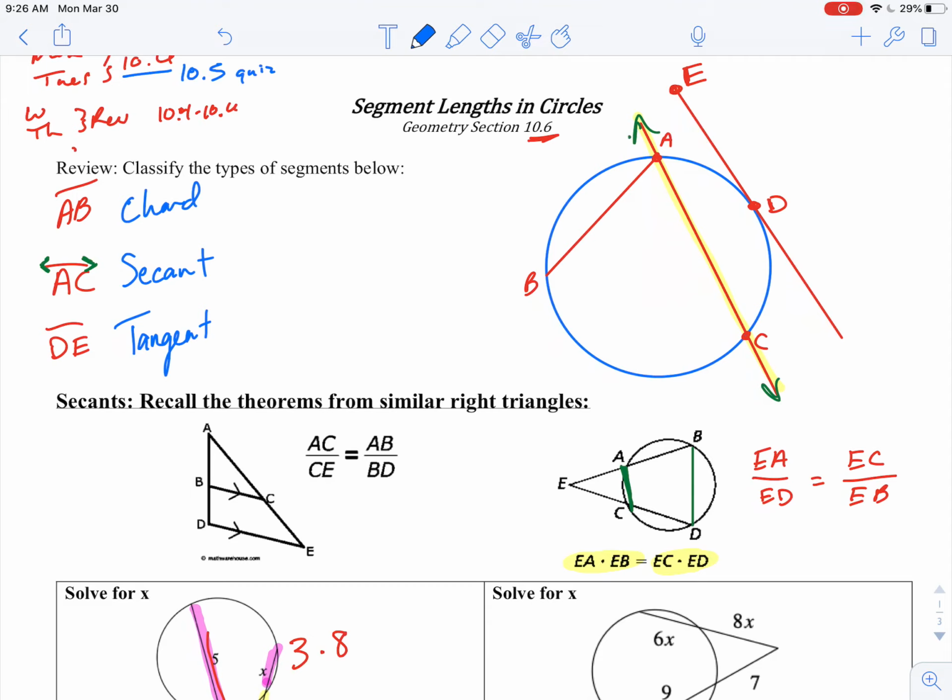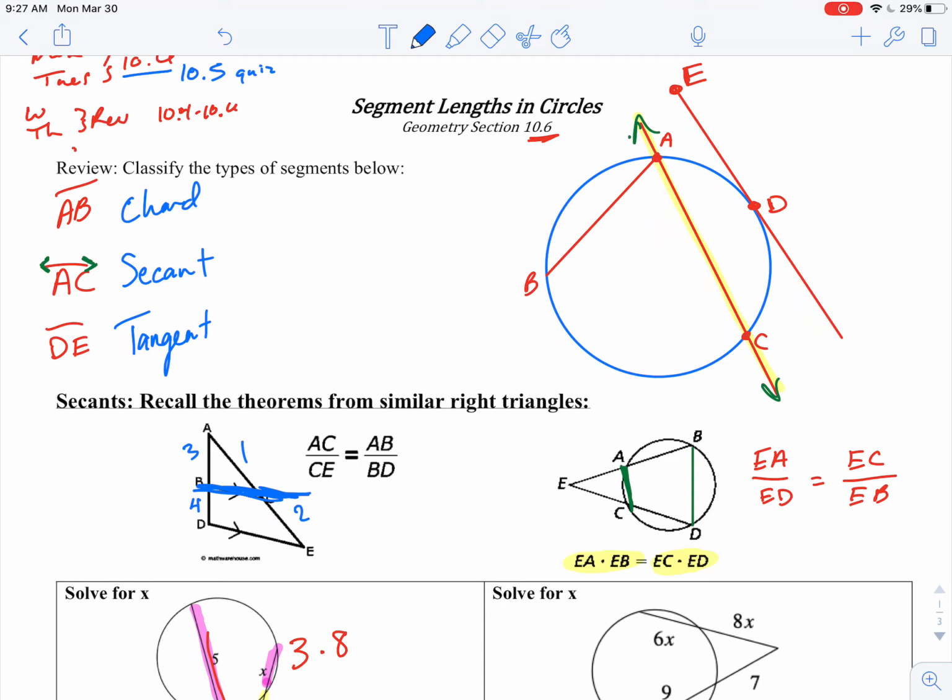Now we've got two theorems for today. And they come from this theorem back here from our last chapter, chapter 9. We were looking at AC divided by CE.